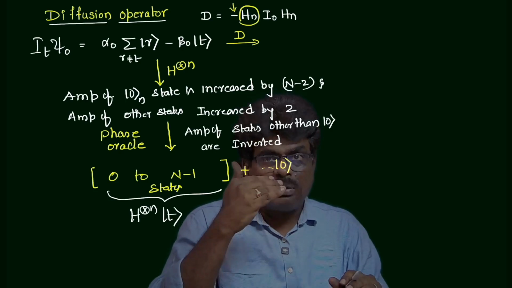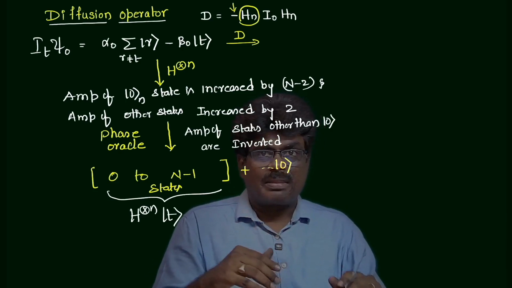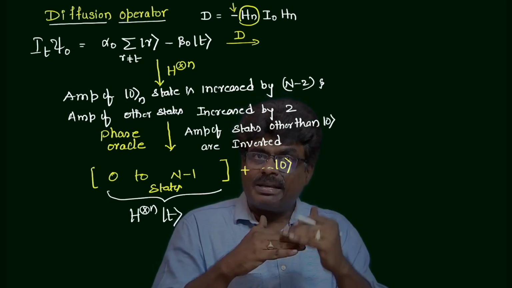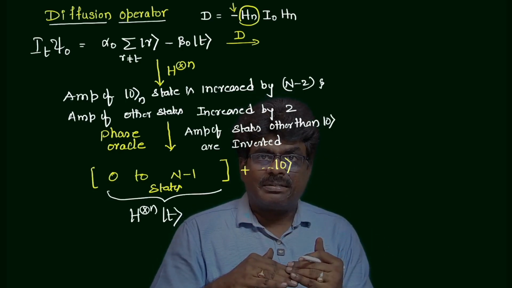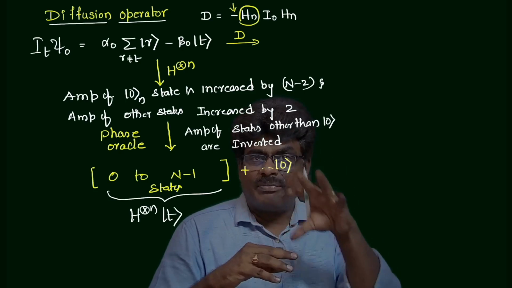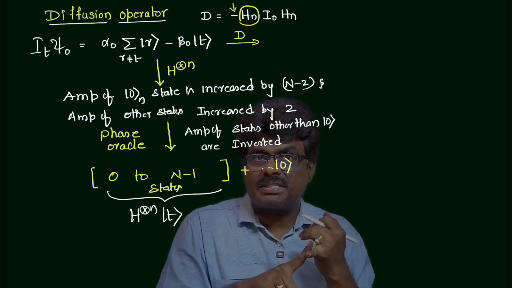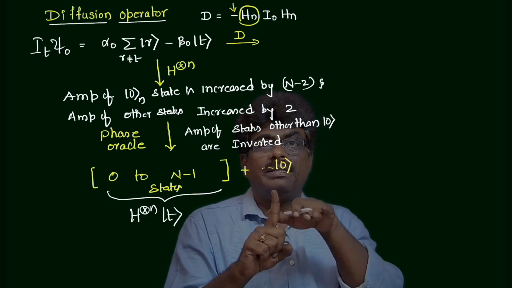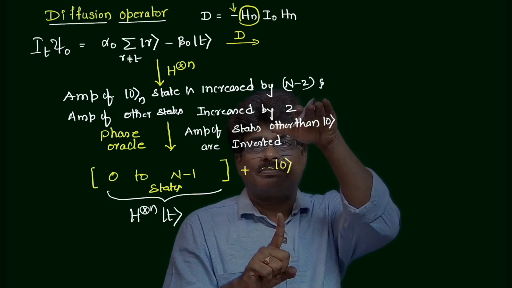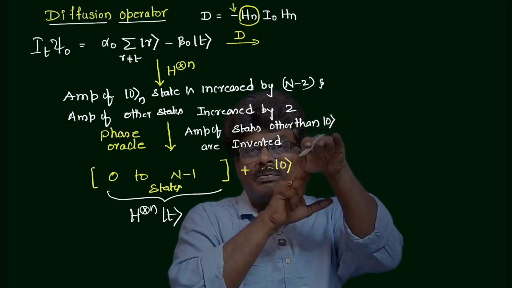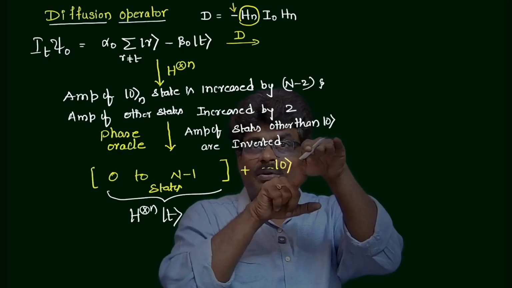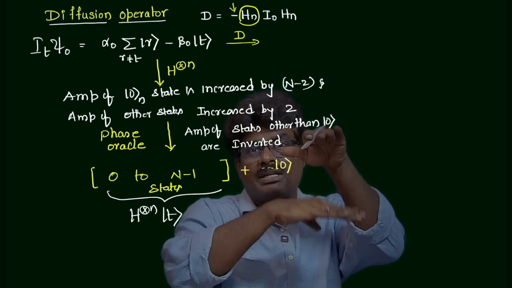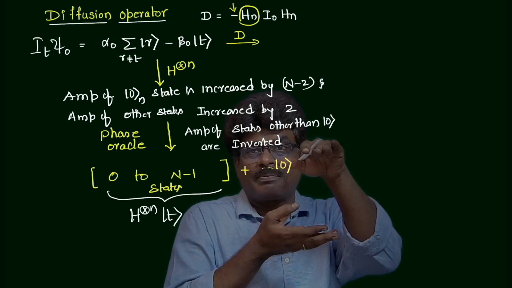So one more time, let me explain. We have already inverted the amplitude of the target state and the diffusion operation started. In that, the first step is Hadamard. Why are you operating Hadamard? To increase the amplitude of the 0 state. This is very useful. Just wait. And the remaining states also increase a little bit, actually not that much.